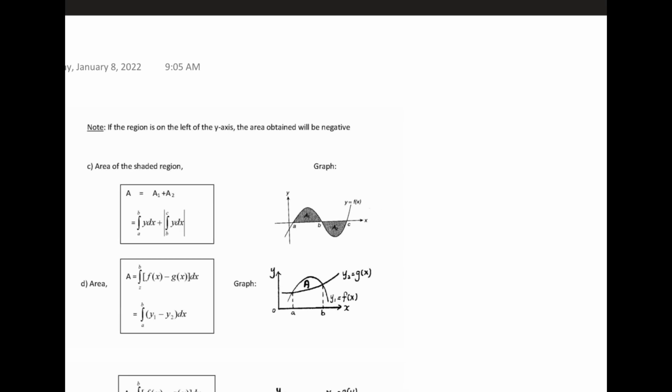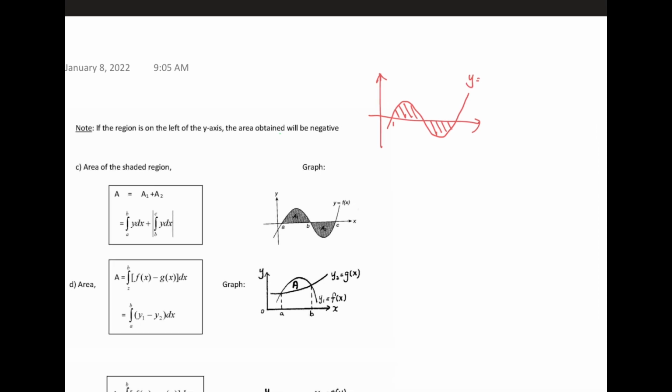Okay, so let's say a quick example. Let's say you have a curve like this. So you want to find this area and this area. Let's say this is y equal to, and this is 1, 2, 3.